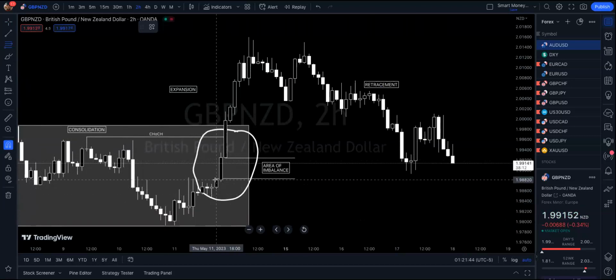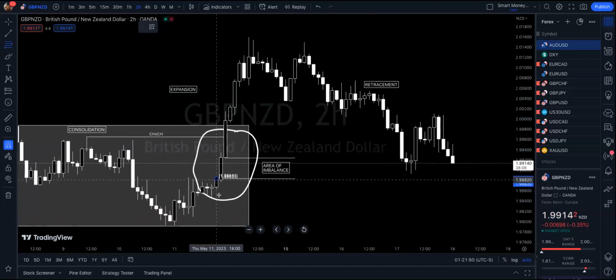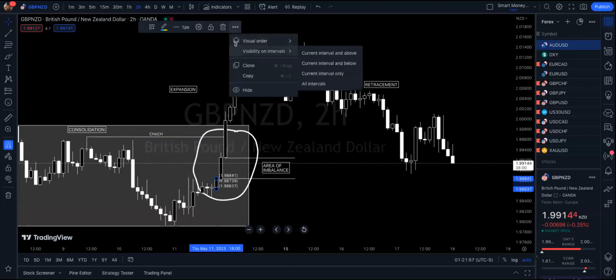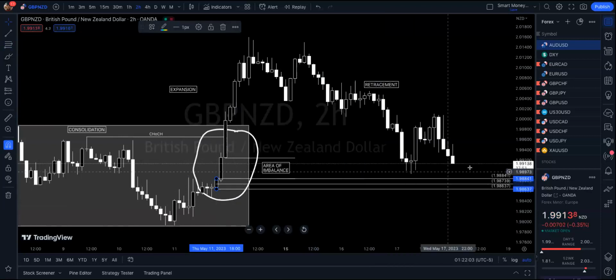I would probably, let's see, use my Fibonacci to measure out the zone, the order block. Yes, that's my Fibonacci. And see, we have it coming down. This would be the zone that I would look for price to come back to.